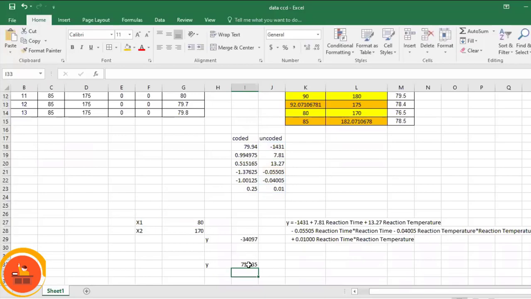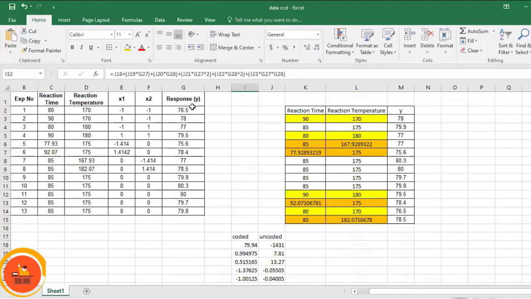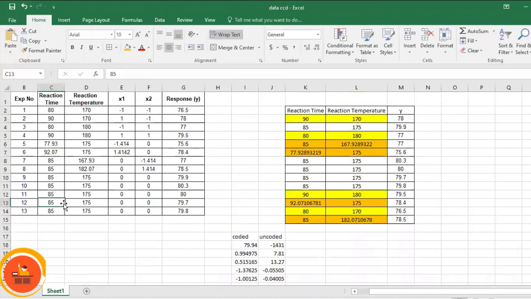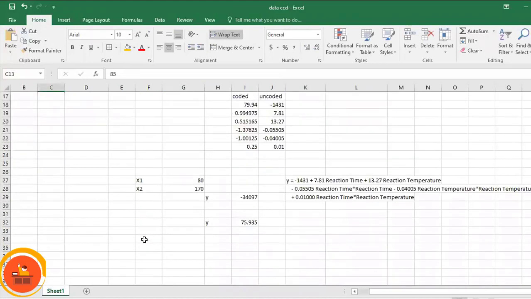What is the value we are getting? 75. And for 80 and 170, what is the value we are having? Almost close to 76.